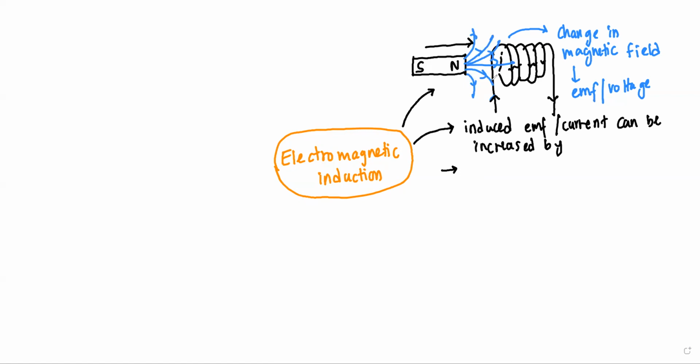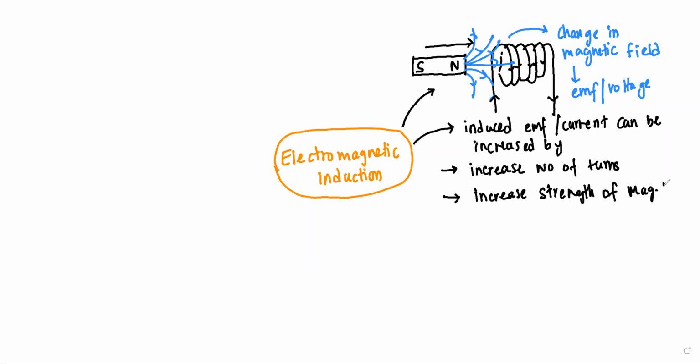So we can have a coil with more number of turns. Another thing we can do is increase the strength of the magnetic field.